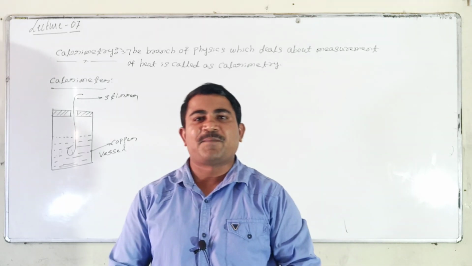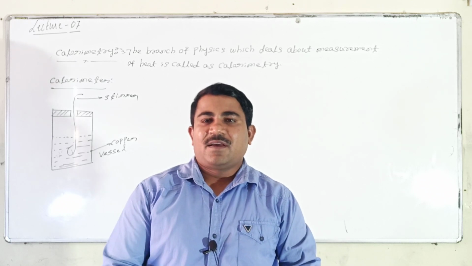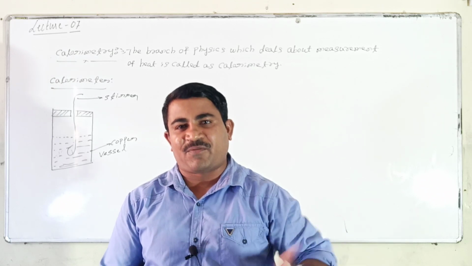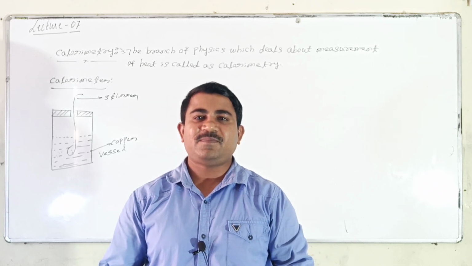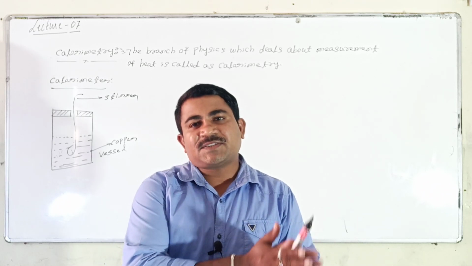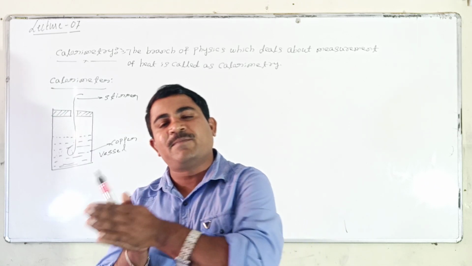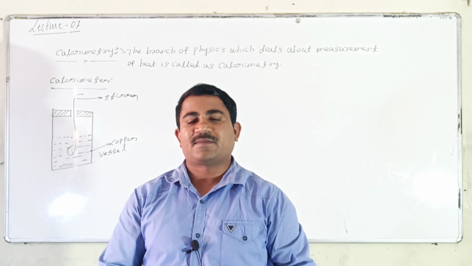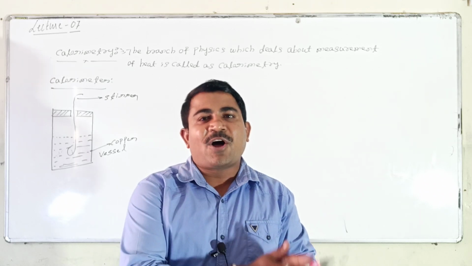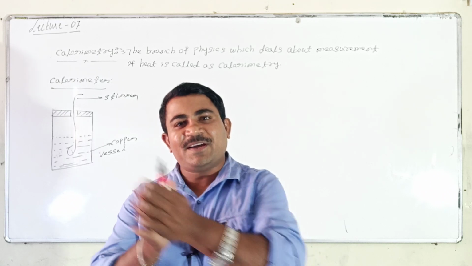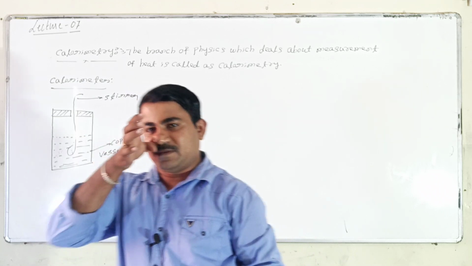The hot system loses an amount of heat, the cold system gains an amount of heat. The heat lost by the hot system must be equal to the heat gained by the cold system. This is the principle of calorimeter.